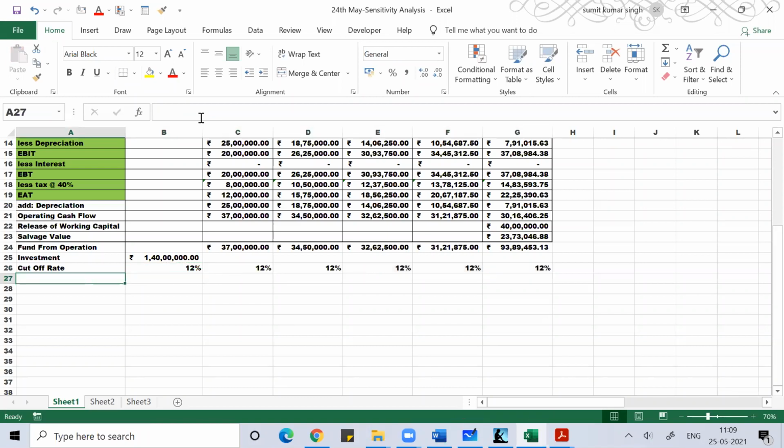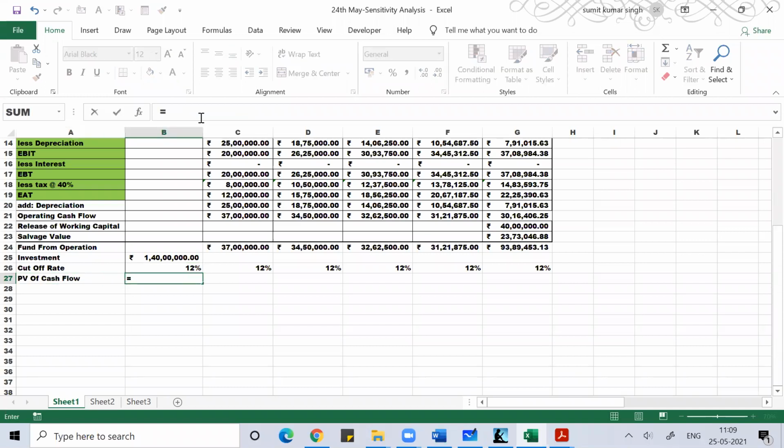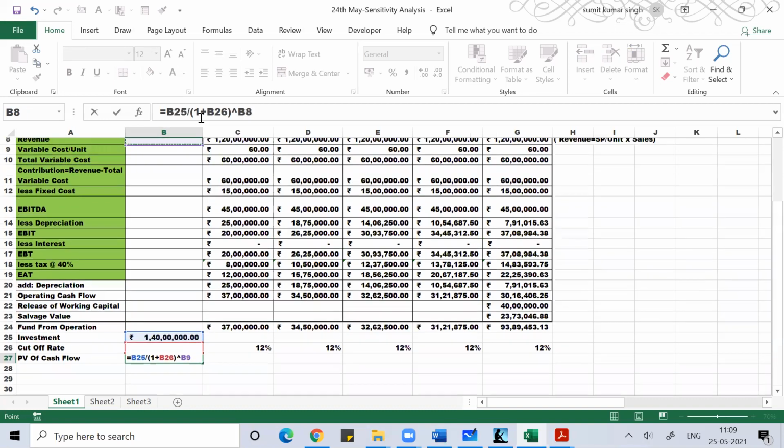Anyone, any doubt? Then I'll find the present value of cash flow. So what I'll do, whatever this value is, I'll discount it with the WACC rate, which is 12% to the power of how many years, to the power of this year.